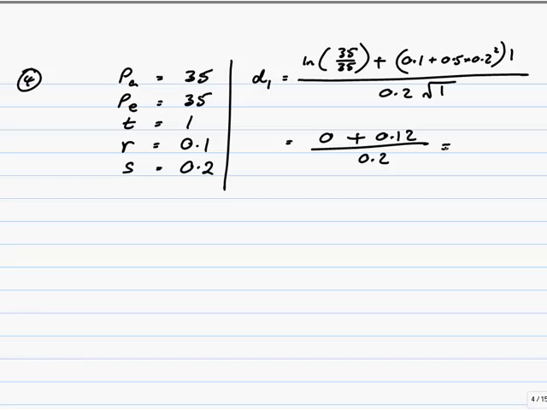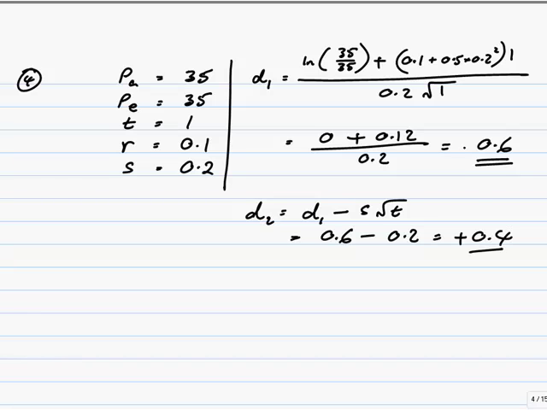D1 comes to 0.12 divided by 0.2, it comes to 0.6. What about D2? It's D1 minus S root T. 0.6 minus 0.2 times root 1, which is 1, so it's 0.4. And remember, they're both positive.